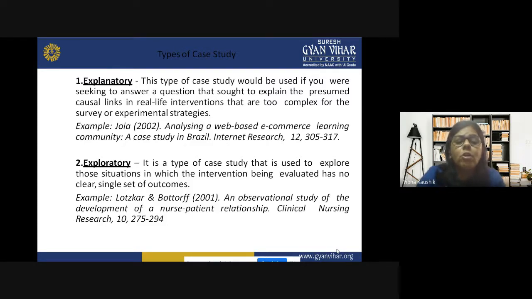Example, Lotzkar and Waterworth in 2001, an observational study of the development of a nurse patient relationship, how a nurse patient relationship can be developed. Clinical nursing research.